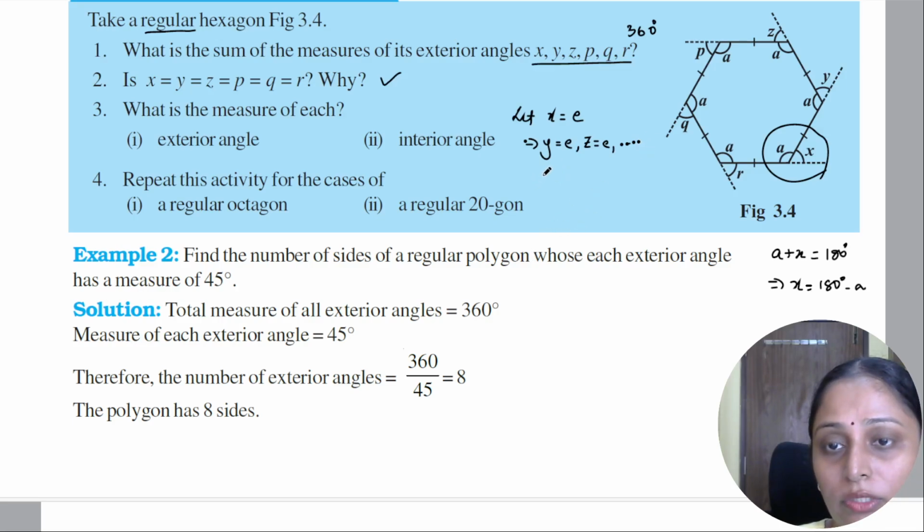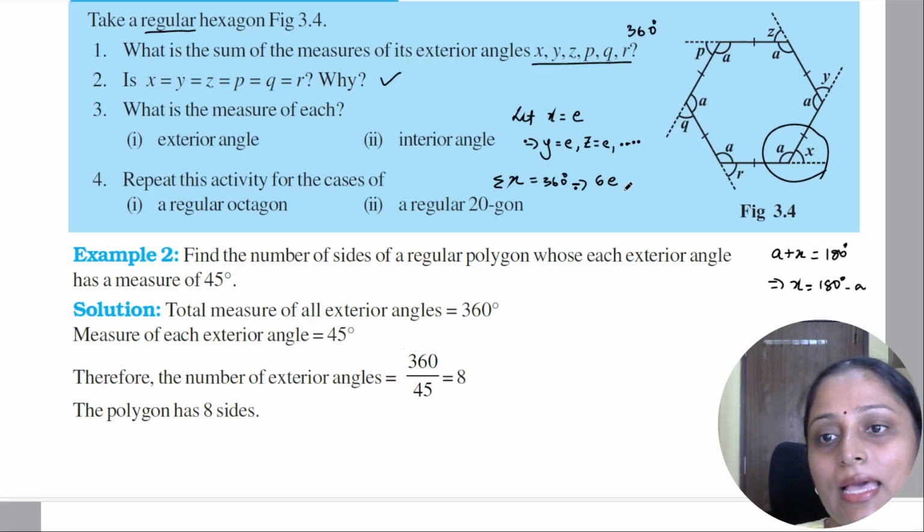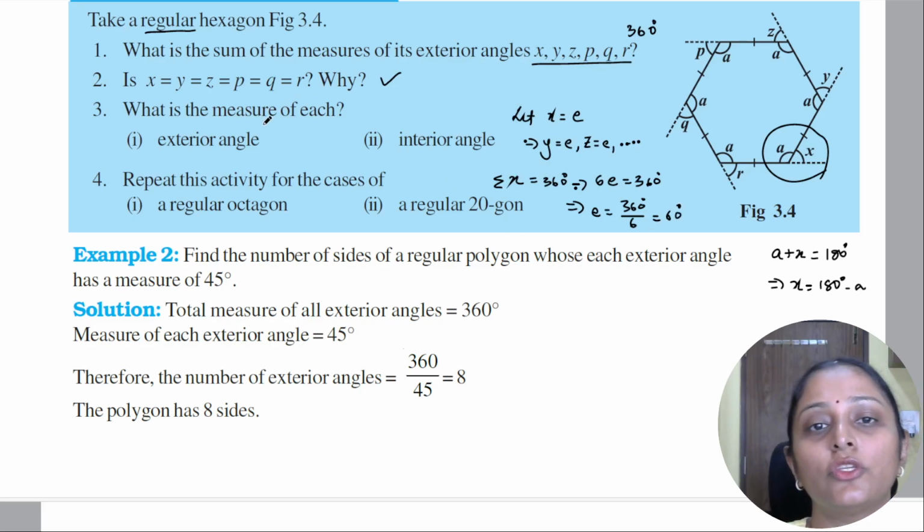And I already know the result. Sum of the exterior angles is 360 degrees, implies I have 6E, because I have 6 angles here, is equal to 360 degrees. From this I can conclude that each exterior angle is of measure 60 degrees. Okay, so that is the answer.